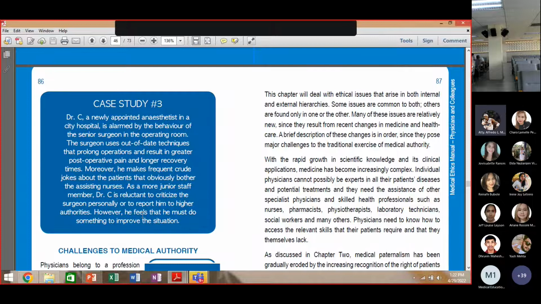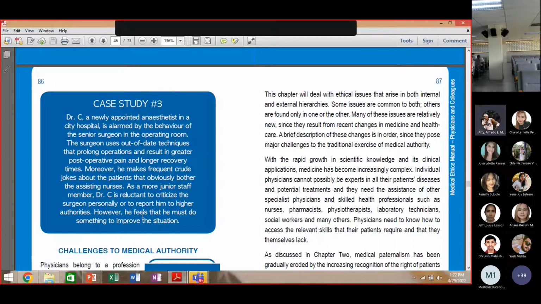As a more junior staff member, Dr. C is reluctant to criticize the surgeon personally or to report him to higher authorities. However, he feels that he must do something to improve the situation. So this is the scenario, and within the course of our discussion, we will analyze and make a choice or decision on how to approach it.